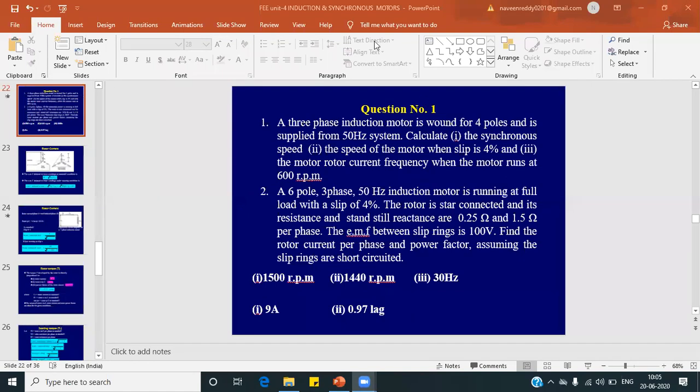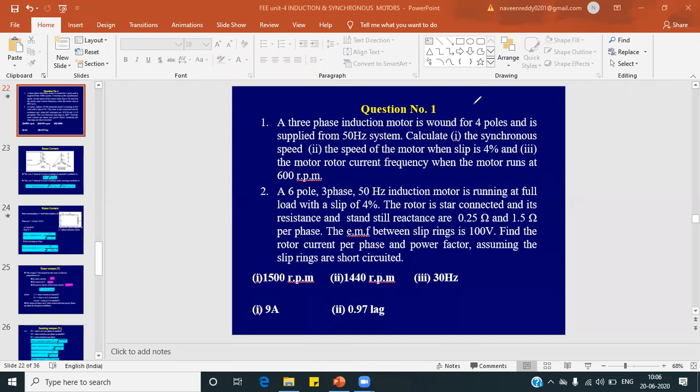Okay guys, let's start the class. Let's go with a simple small problem on it. You can all see the problem on the screen. A three-phase induction motor is wound for 4 poles and is supplied from a 50 Hz system.